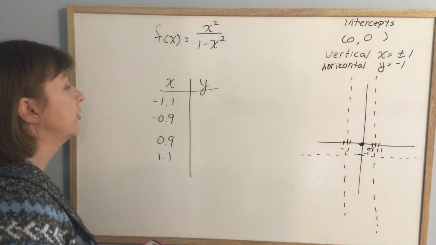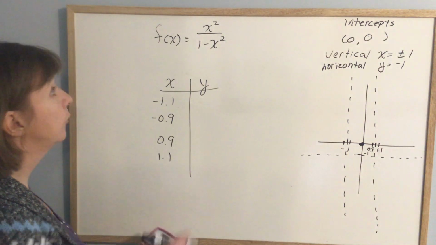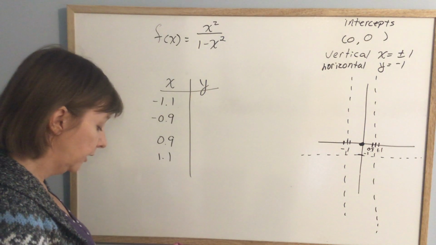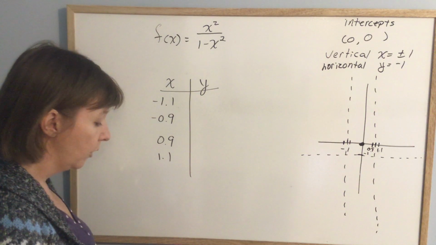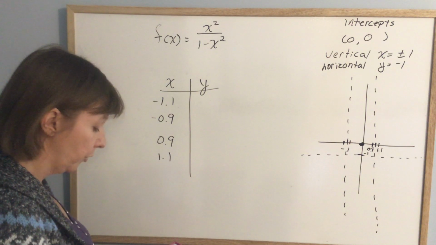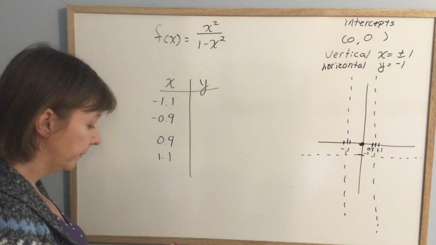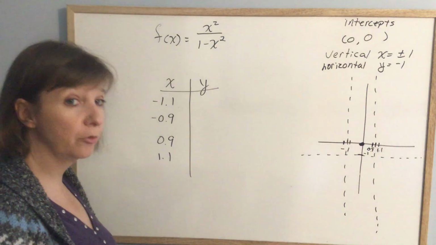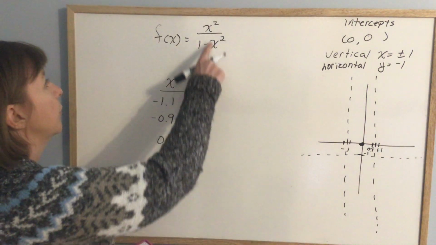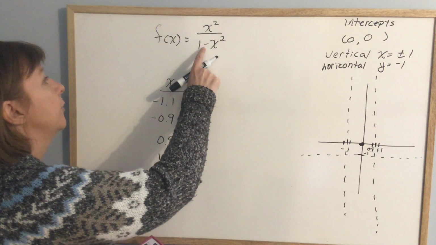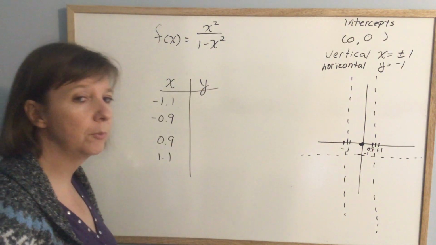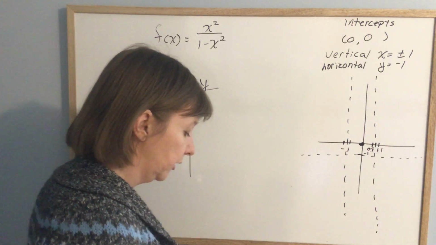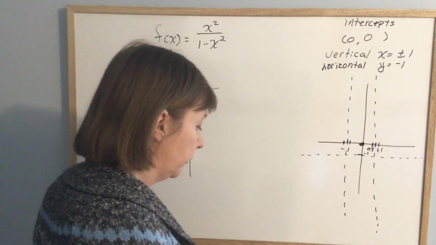So if I do negative 1.1, negative 1.1 squared is positive 1.21. Whenever you square a negative, it's positive, right? So it's 1.21, and this would be 1 minus 1.21, so that would be negative 0.21. So I'm going to divide by negative 0.21.